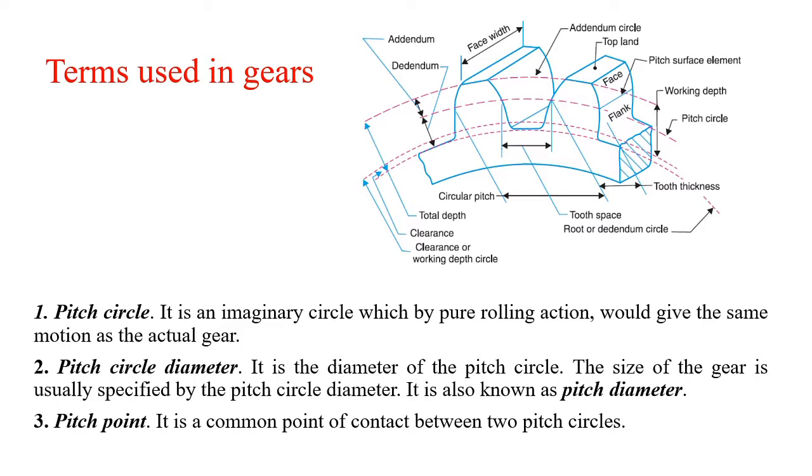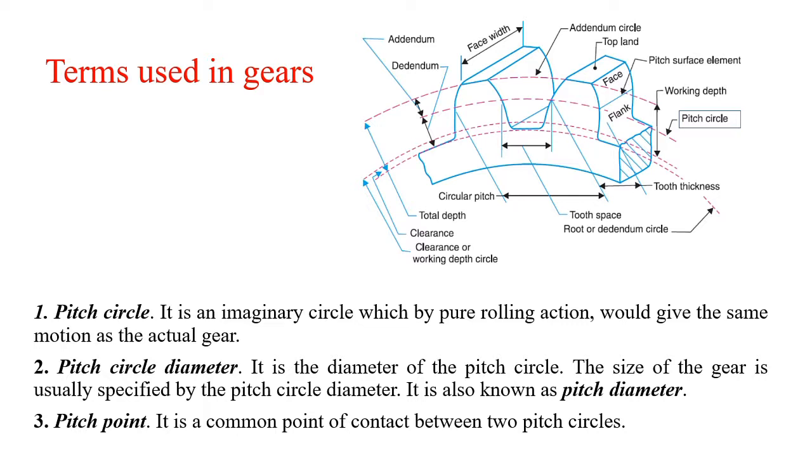It is an imaginary circle which, by pure rolling action, would give the same motion as that of an actual gear. It is represented here by this square block I have put there. The dotted line, centrally, is called the pitch circle.